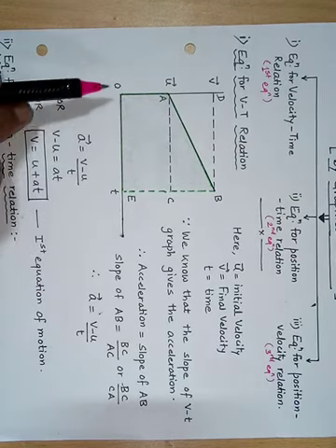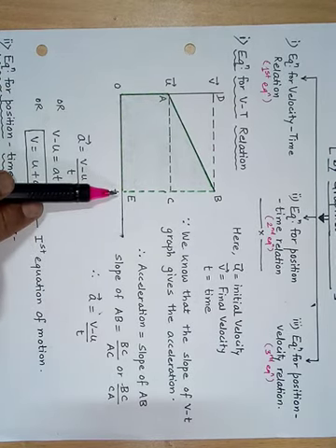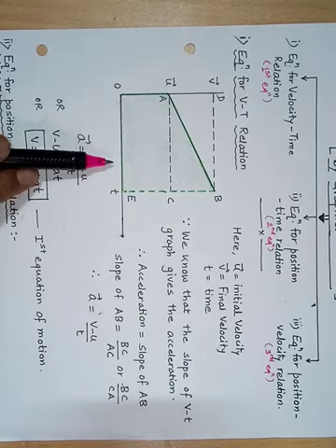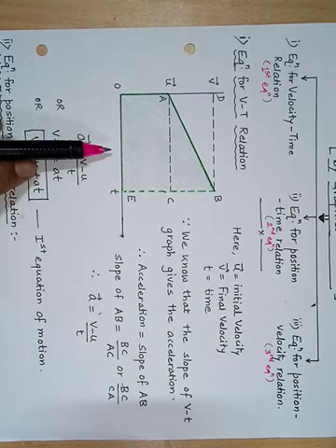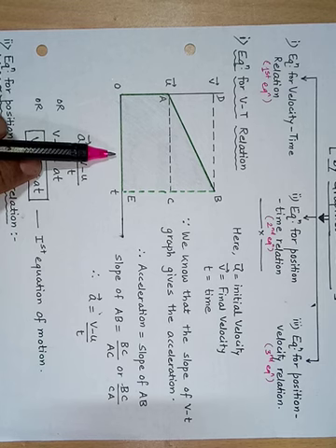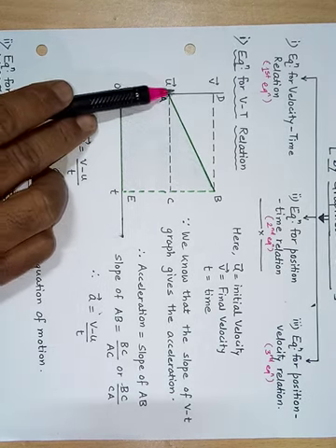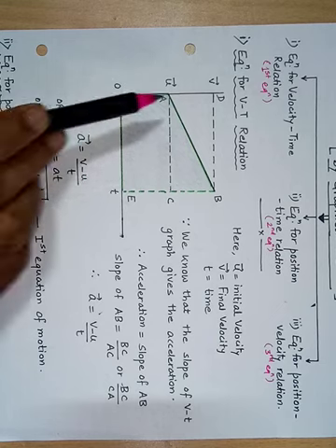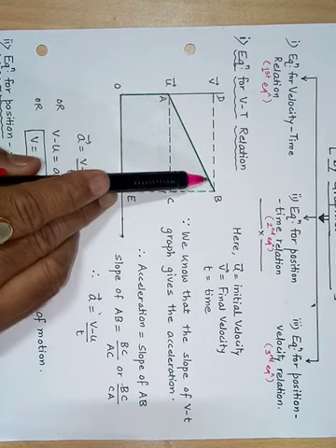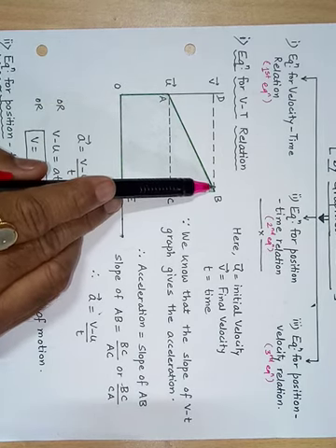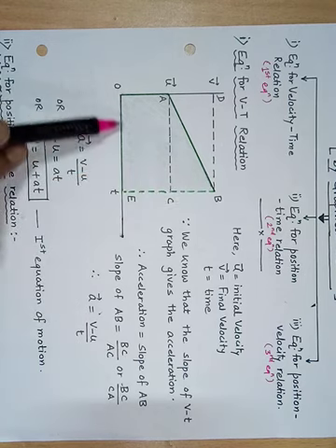Now here I have shown one graph, and this graph is between velocity versus time. So we know the nature of the velocity time graph. Suppose an object is moving and its velocity is increasing with respect to time, then the graph will be represented by this particular curve, which represents the velocity increasing from initial to final.